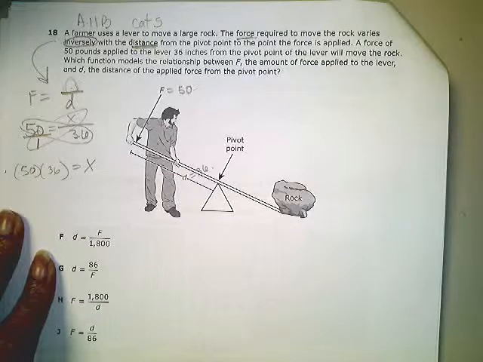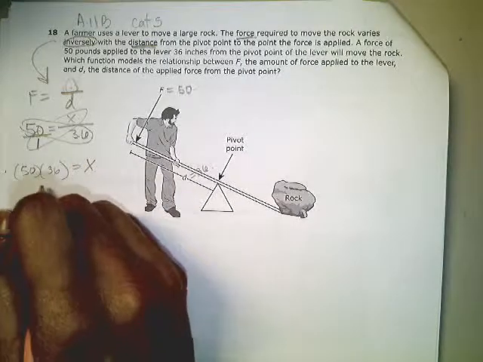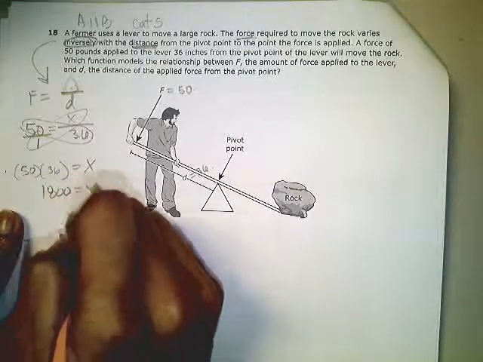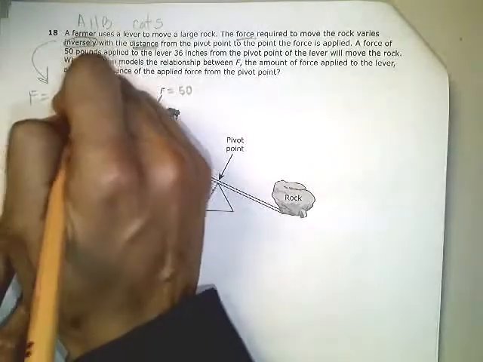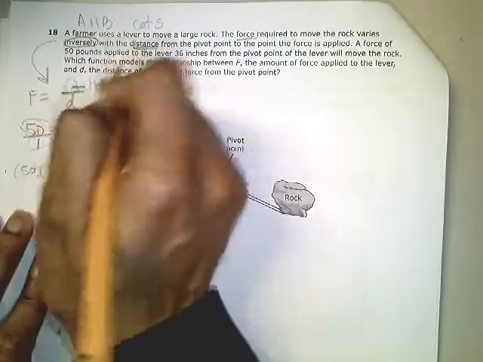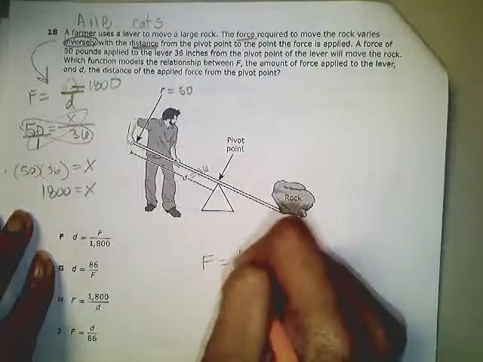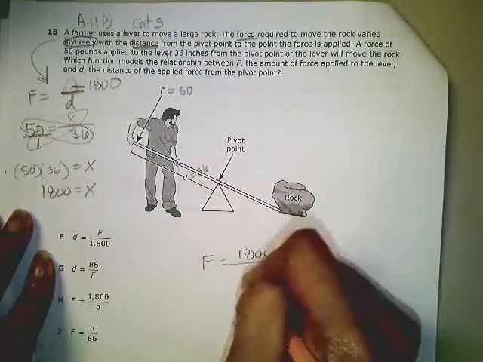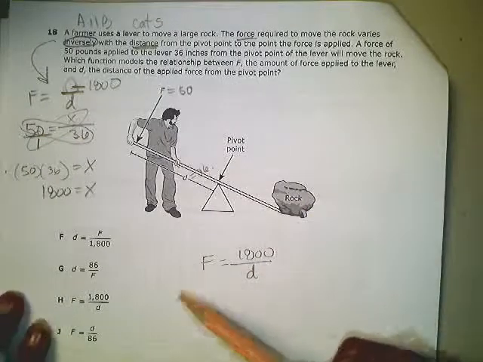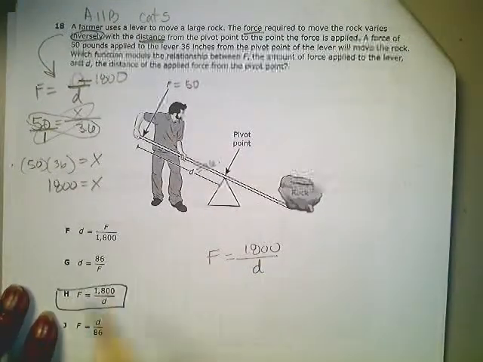Use my calculator. 50 times 36 is 1800. So this unknown piece up here is 1800. Force equals 1800 divided by distance. Come over here, that is H.